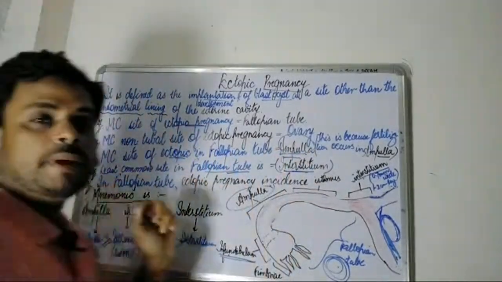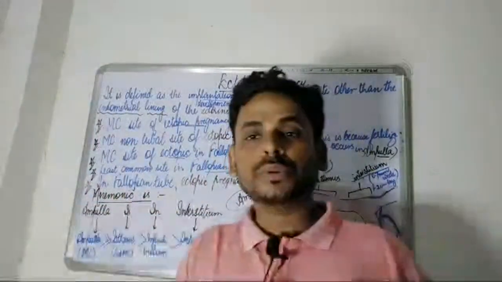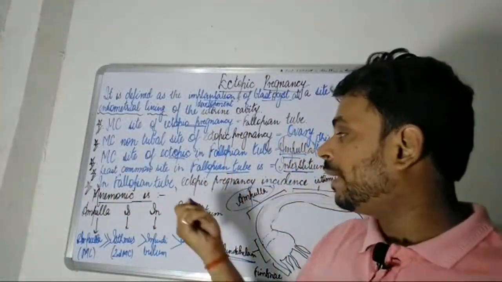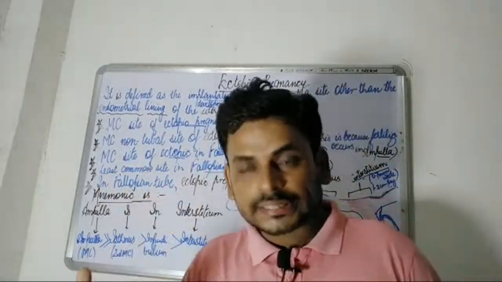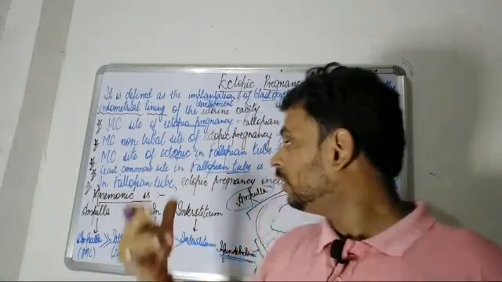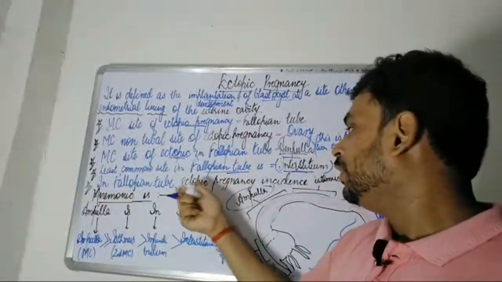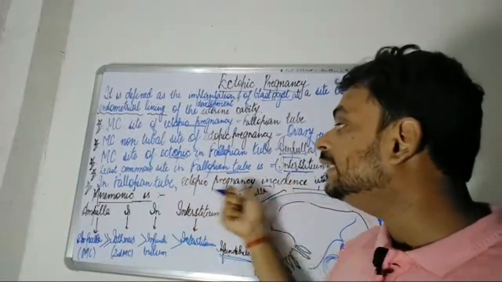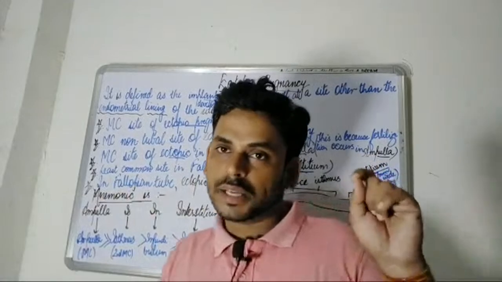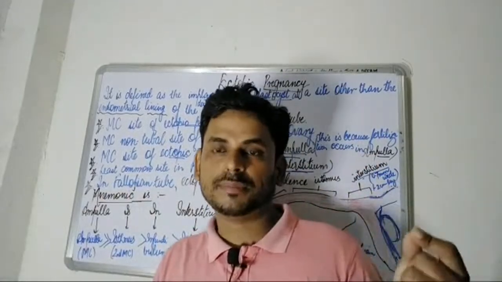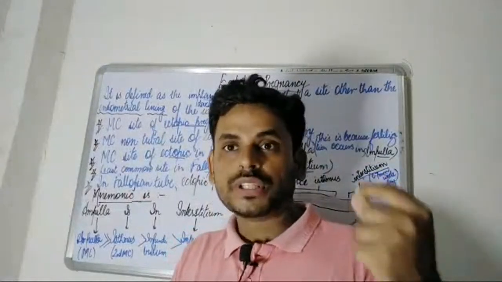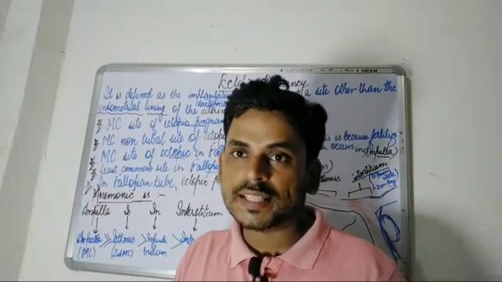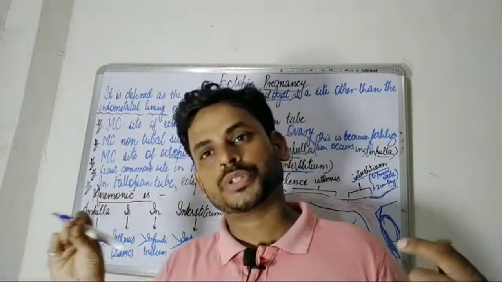And last but not the least, sometimes in some of the competitive exams, they ask you what the incidence of ectopic pregnancy is in the fallopian tube. There is a mnemonic by which you can very easily remember which regions of the fallopian tube are going to have the highest incidence and which the lowest.